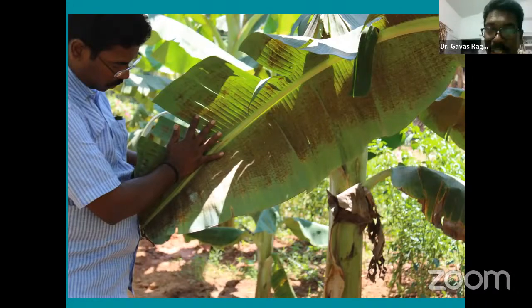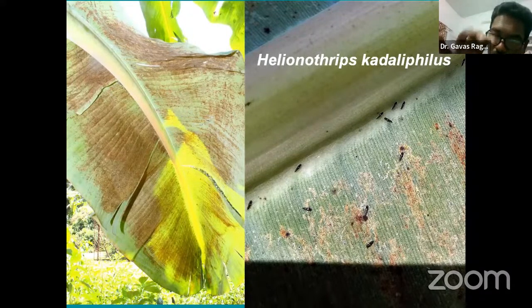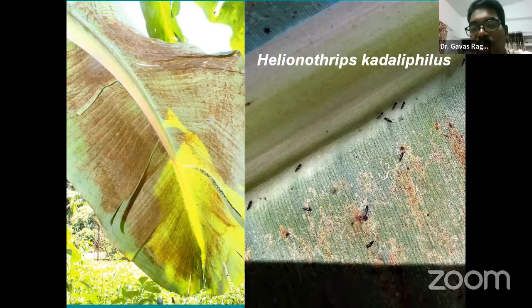It's not rust, it's thrips damage actually. The leaf thrips have rasping and sucking mouthparts. They rasp the surface of the leaf, and the oozing juice of the plant is sucked by this pest. This is one species of leaf thrips commonly found across South India, called Helionothrips kadaliphilus, and it's a severe leaf pest.